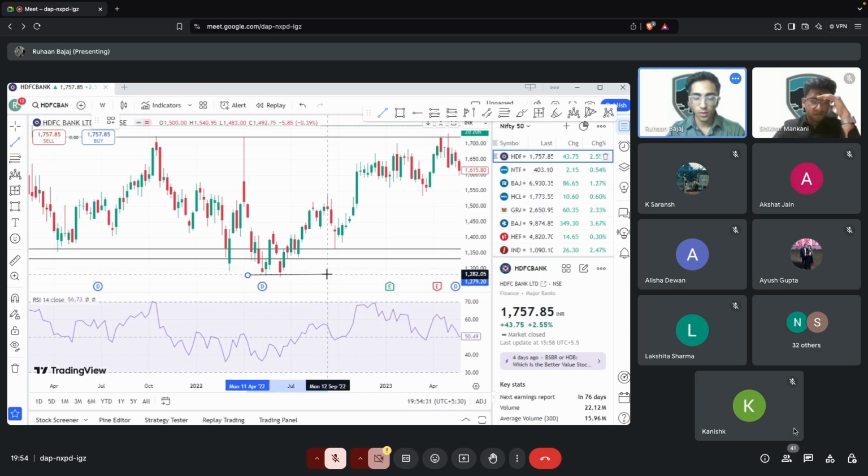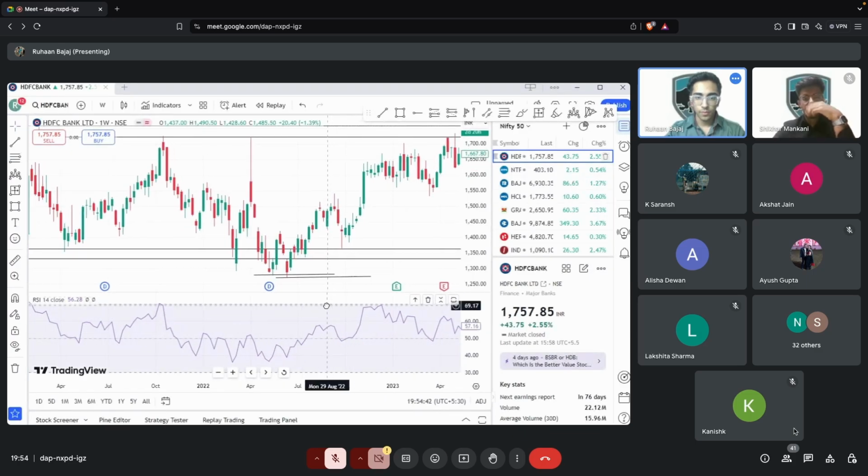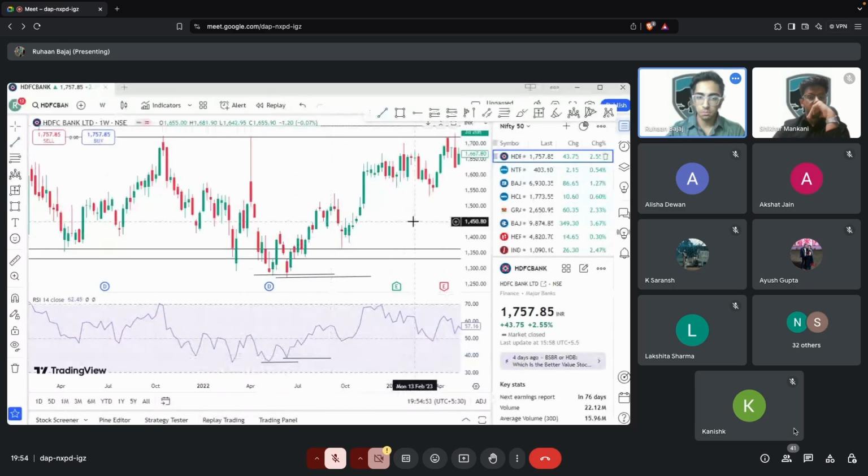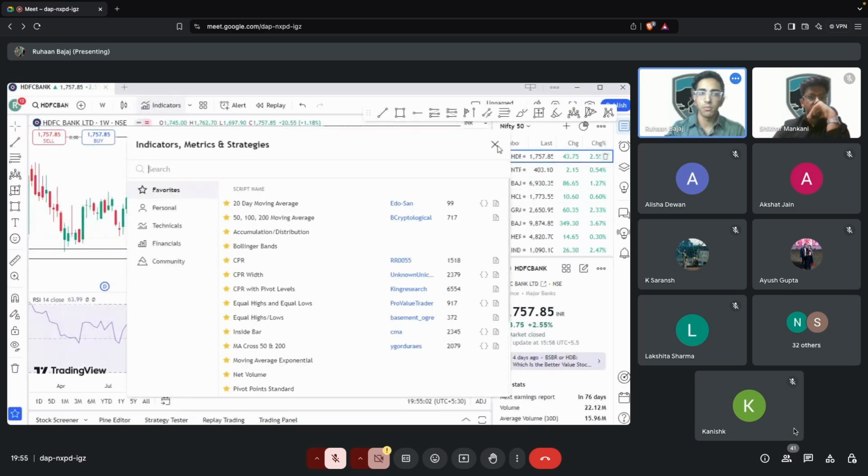This was the previous low, and this is the new one, just below it. While if you look at the RSI, it didn't make a new low. What does this show? The sellers are not that strong. And what happens next? It forms a W here and then moves up.